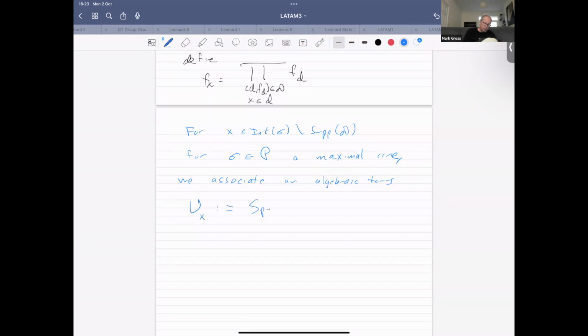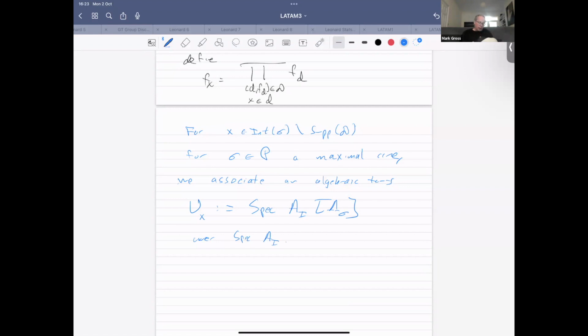This is defined to be Spec A_I[Lambda_sigma]. So this is an algebraic torus over Spec A_I.